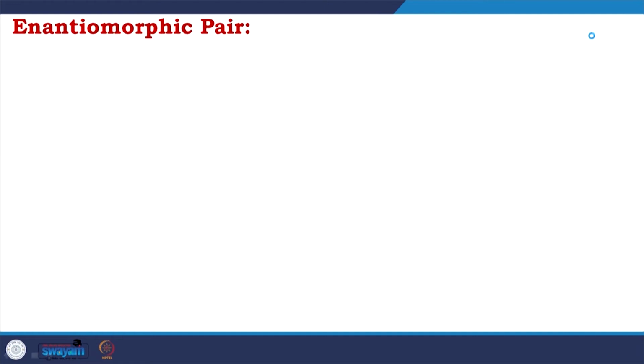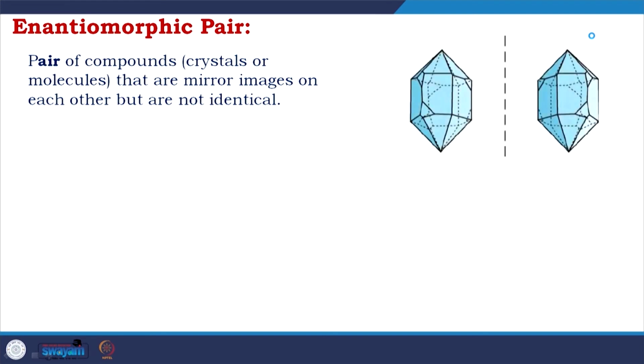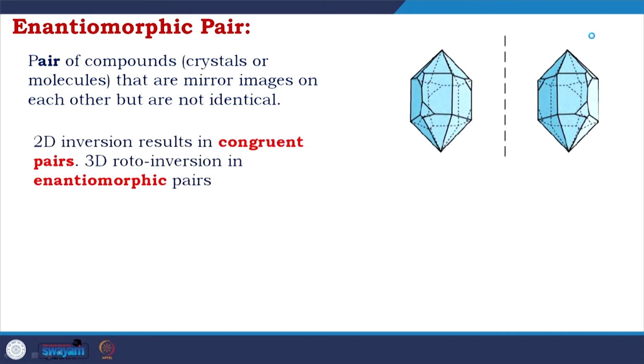Now, what is an enantiomorphic figure or enantiomorphic pair? A pair of compounds, crystals, or molecules that are mirror images of each other, but are not identical. So, you could see the pair of crystals, they are an enantiomorphic pair. So, we talked about in 2D inversion results in congruent pairs, 3D roto inversion in enantiomorphic pairs.